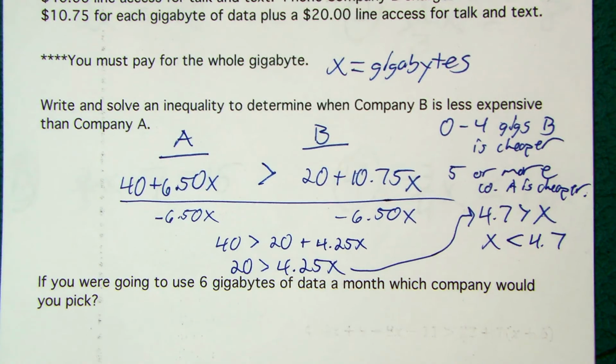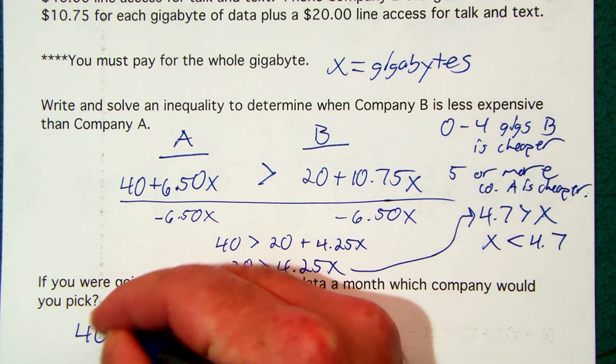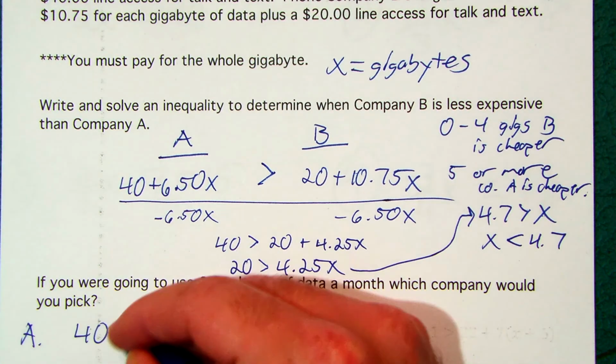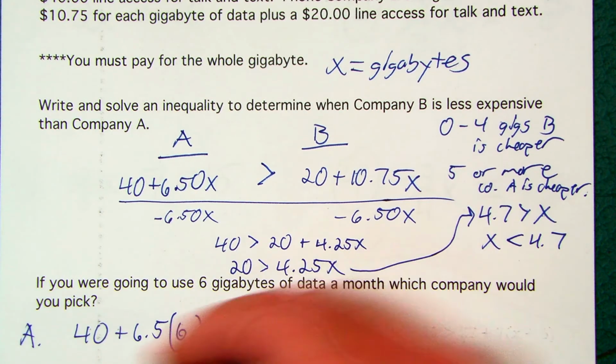So if you're going to use 6 gigabytes of data a month, which company would you pick? We already said 5 or more, we're going to go with A, but if you want to check this out, A would be 40 plus 6.5 times 6.